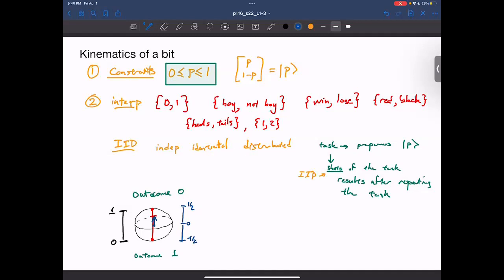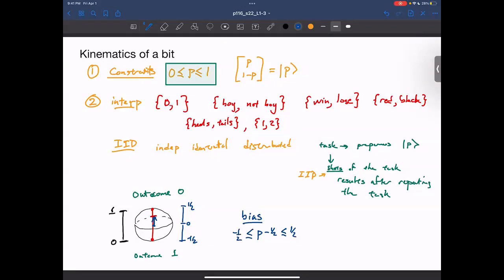The blue vector is the bias. I spelled this wrong. The bias. So the bias is the probability minus 1/2, and this is bounded between positive 1/2 and negative 1/2.